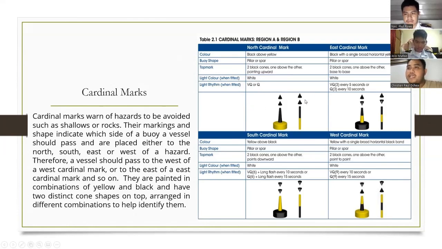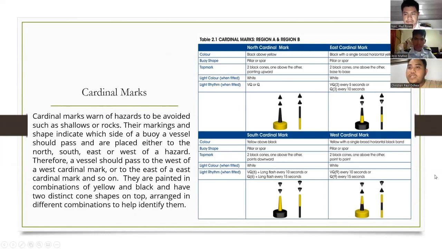The east cardinal mark is black with a single broad horizontal yellow band. The buoy shape is pillar or spar. The top mark is two black cones, one above the other, base to base. The light color is white and the light rhythm is VQ 3 every 5 seconds or Q 3 every 10 seconds.